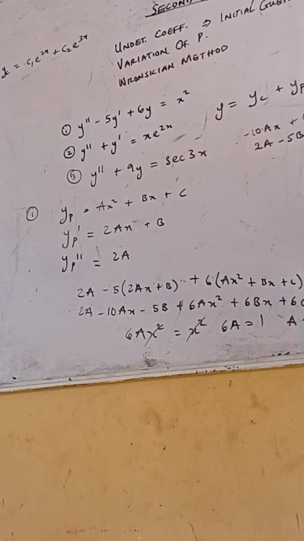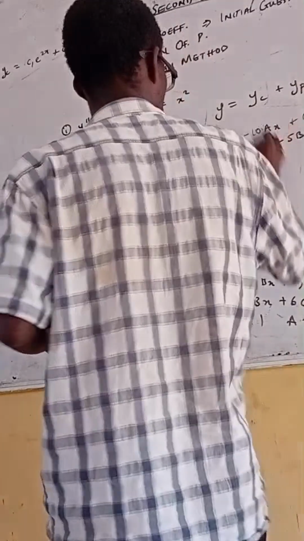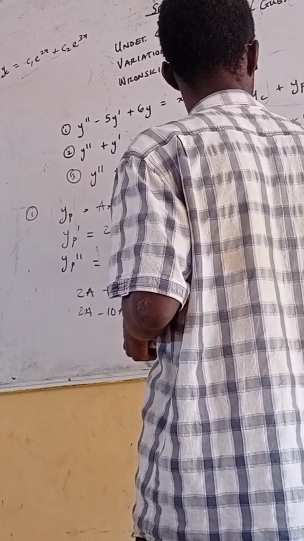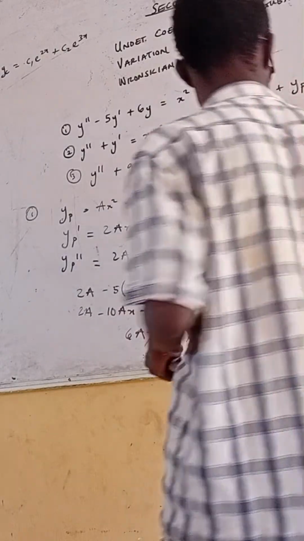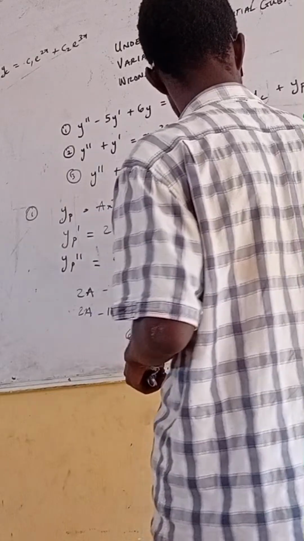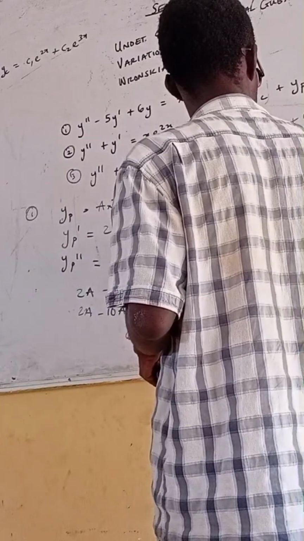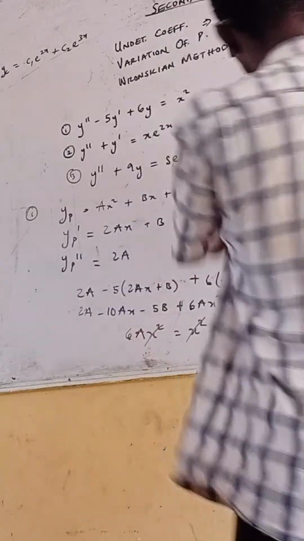There is no constant term there either, so it's also equal to 0. We have known our a. So I can write this one as minus 10 over 6 x plus 6bx equals 0. I can write the constant one as 2 over 6, which is 1 over 3, minus 5b plus 6c equals 0. Looking at the first, I can divide it by x.